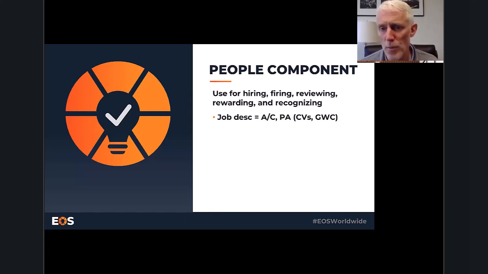One of the very first practical ways, with a complete accountability chart and this people analyzer, knowing what the core values are and what get it, want it, can do it looks like, is that you can craft a really powerful job description to ensure you're attracting the right people right from the get-go. So when you think about that, we've got the 5 primary roles of the seat defined. You know what your core values are. You know what the bar is on your people analyzer. Use those as input in the job description to write something really compelling so that it speaks to the type of person who's going to succeed.